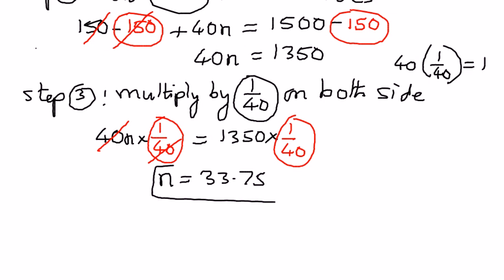And what is this telling us? It takes that person 33 3/4 hours to paint the house.